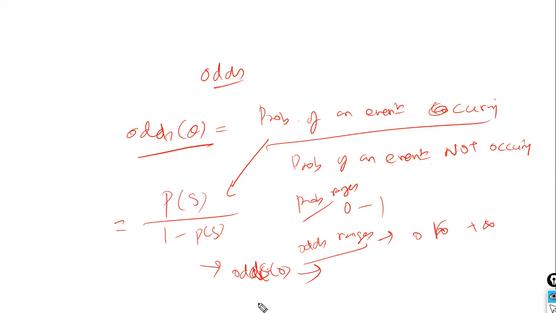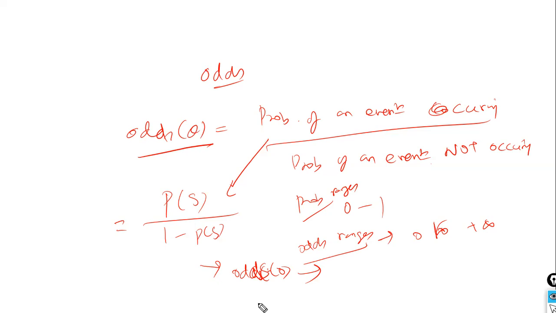Let's say the odds of a person winning an election are between 0 and 1. It tells us the probability is less than 50%. The closer the odds are to 0, the less likely the event can happen.